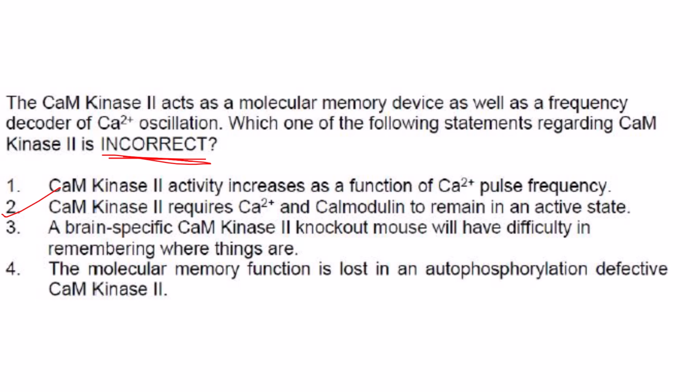When there is a loss in the autophosphorylation activity of CAM kinase 2, the CAM kinase 2 cannot remain active. It will not be activated. It will not be autophosphorylated. So what will happen? They have told in the question, CAM kinase 2 acts as a molecular memory device. So naturally molecular memory function will be lost. So that statement also is correct.